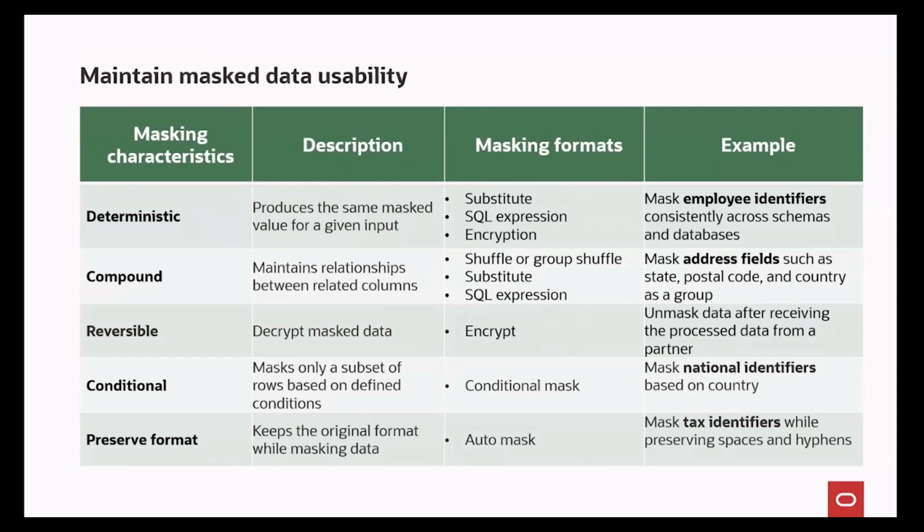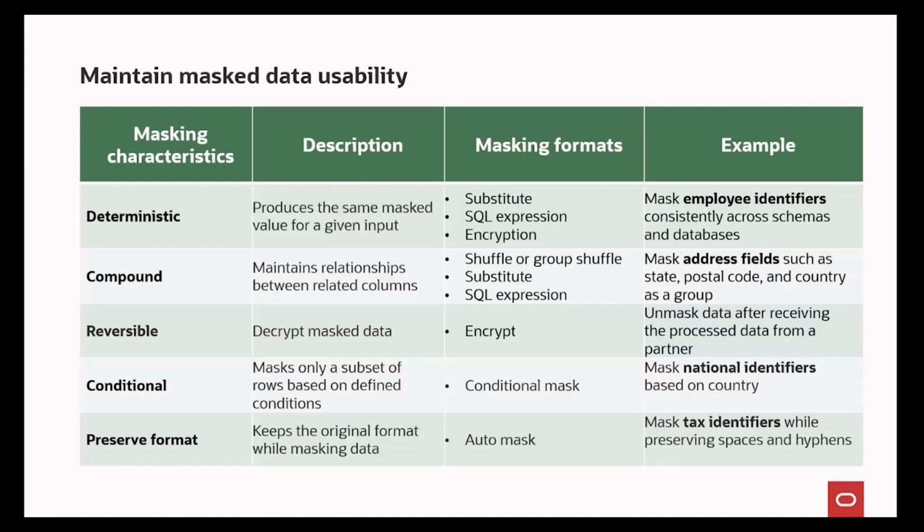So depending on your scenario, you can achieve these characteristics by choosing the relevant masking formats from our library. We will be going through each use case later in the session, but for now, I can provide a quick overview for each one of them.